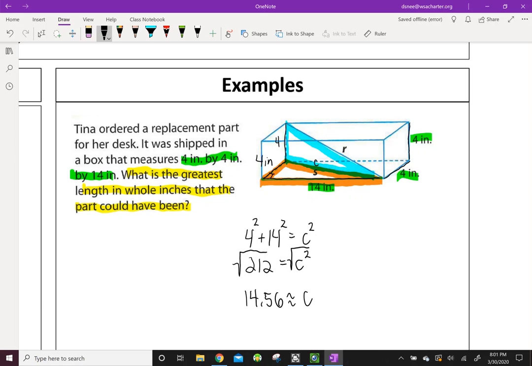Now I'm going to plug that into my new equation, because this is 4, so is this. Now I have a 4 and a 14.56 as the legs. I'm just going to take that answer that I still have in my calculator and raise it to the second power, and I'm right back to 212.